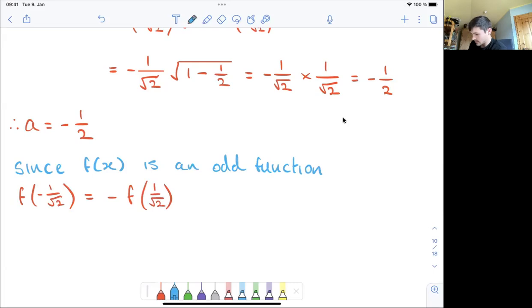Now we already found that this here was equal to a. This here would be what we would use to find the value of b. So this is essentially saying that a is equal to the value of negative b. And so we can conclude that therefore b is equal to a half. Okay, and then that is the answer to part B.